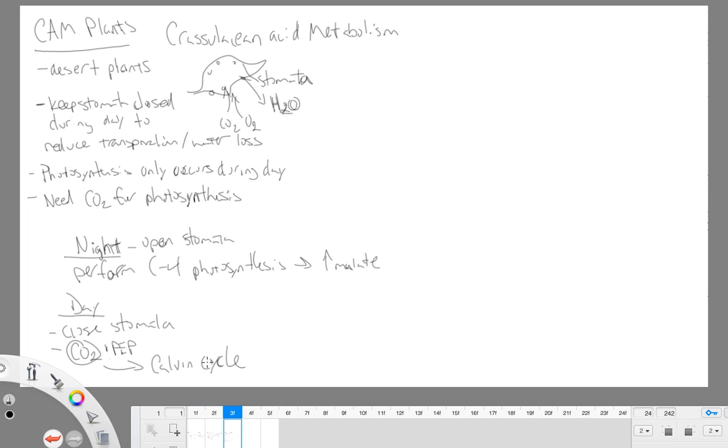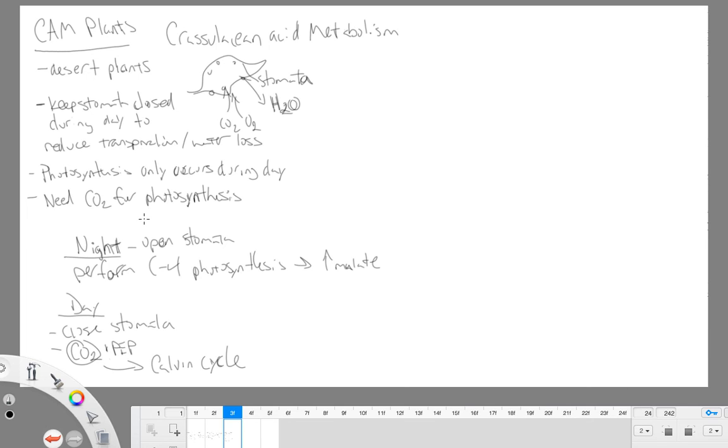So in this way, by kind of breaking up this process, by utilizing the C4 photosynthesis, they're able to deal with this issue where they want to keep their stomata closed during the day, but they need access to carbon dioxide.